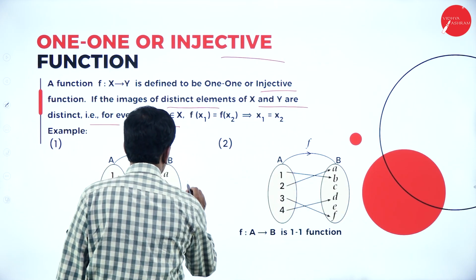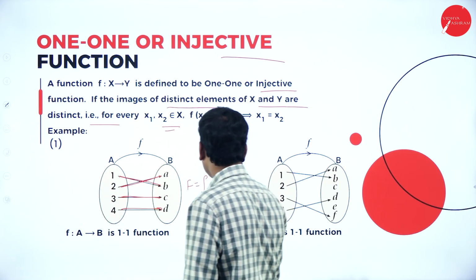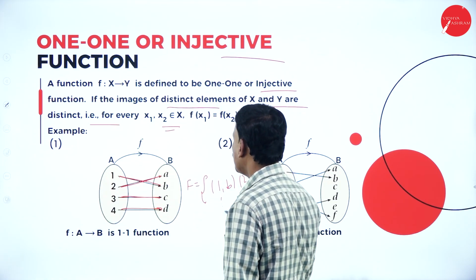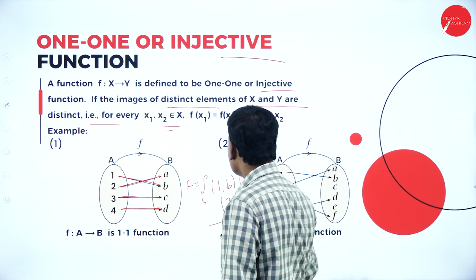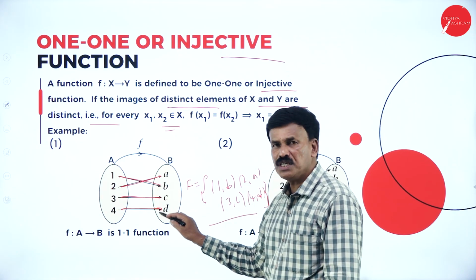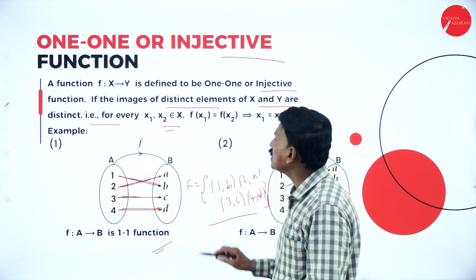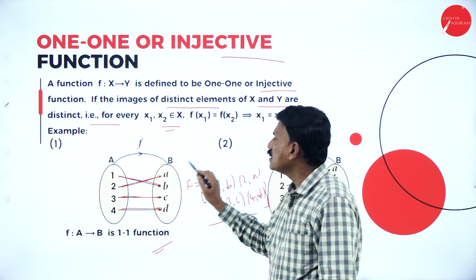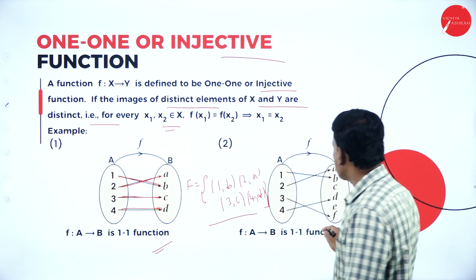That is, this function is given by f equal to (1, a), (2, b), (3, c) and (4, d). So here all the elements of A have a unique association. Therefore this is a one-one function, that is, every element of the set A has distinct images in set B.